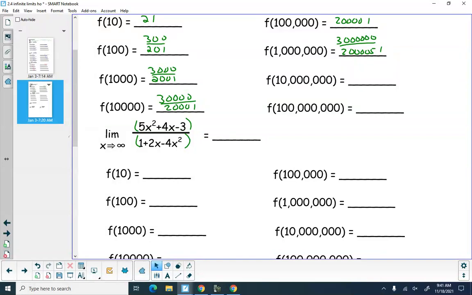What are we getting closer to? Negative 1.25, which in fractional form is negative 5/4.